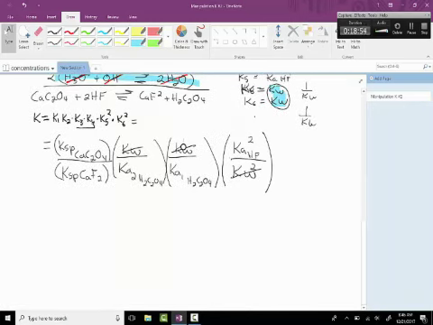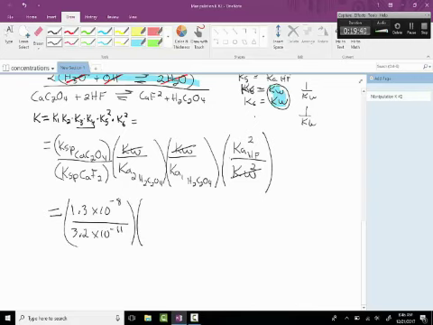And I get K equal to the KSP for calcium oxalate, which I've already looked up, is 1.3 times 10 to the minus 8th, divided by the KSP of calcium fluoride, 3.2 times 10 to the minus 11th, divided by Ka2, which is 5.42 times 10 to the minus 5th, and Ka1 for oxalic acid is 5.62 times 10 to the minus 2, and I've got Ka for HF squared.